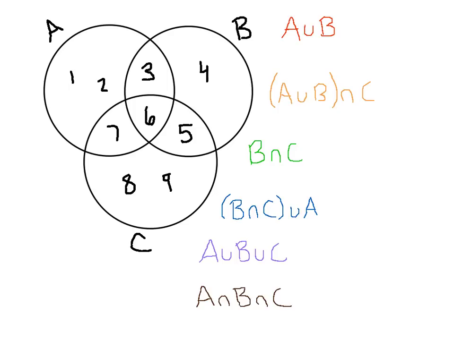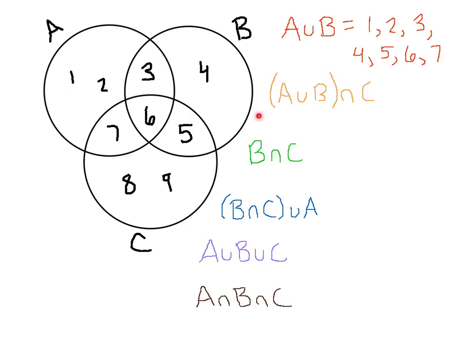So the definition of the union of A and B would then be everything inside A and B. So the union is everything inside A and B. That is going to be the numbers 1, 2, 3, 4, 5, 6, and 7. That's everything in the union of A and B.